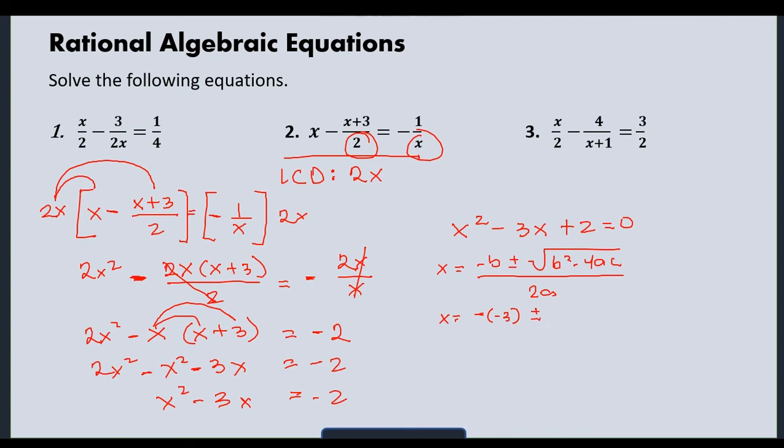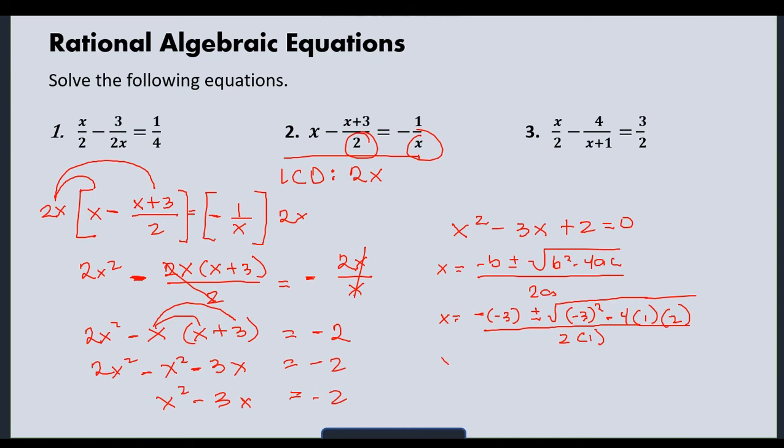Always remember, if your value is a negative number, put an open and close parenthesis. Plus minus the square root of b squared, which is (negative 3) squared, minus 4. Our a here is 1 and our c is 2, all over 2 times 1, which is the value of a.